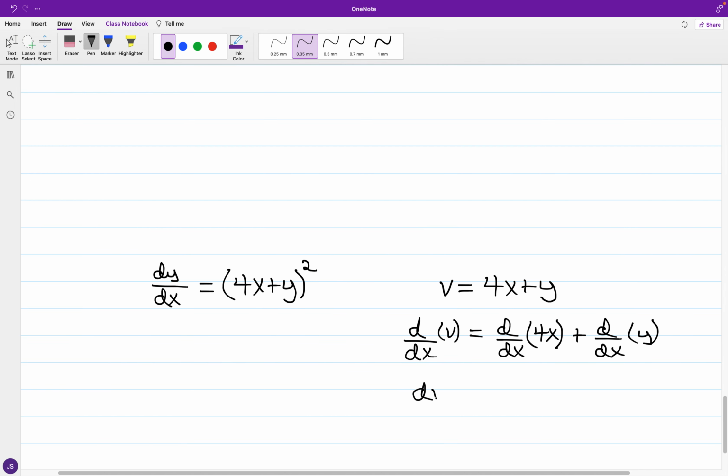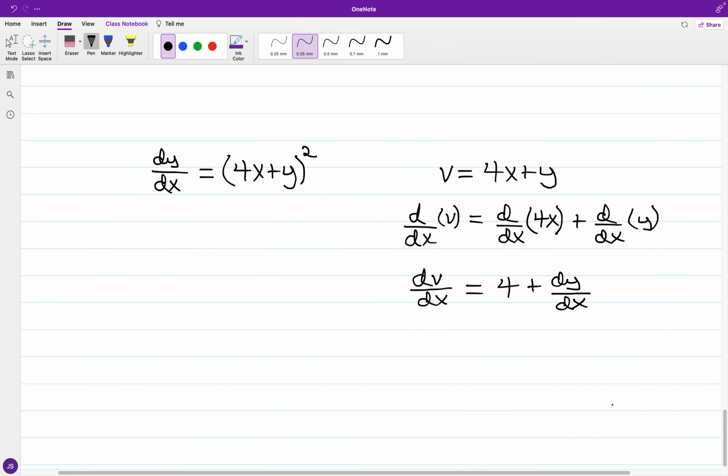So this time around, dv over dx is going to be equal to 4 plus dy over dx. Putting the derivative dy over dx in terms of the variable v, we have dy over dx equal to dv over dx minus 4.